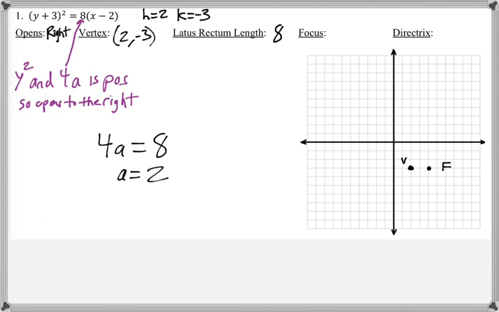So my focus is (4, -3). Then to get the directrix, I need to subtract 2 from the vertex. So that means I'm going to the left 2, and it's going to be a line. It's really this vertical line, x is equal to 0, because that's the axis.